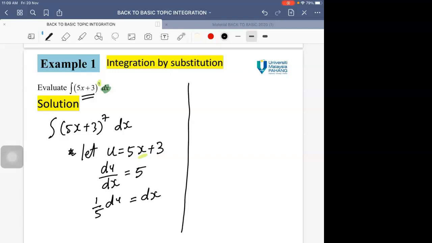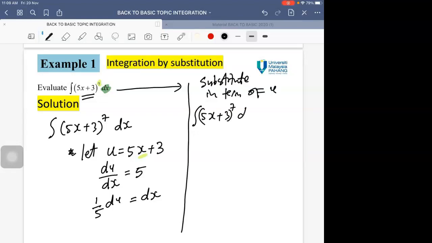So now we substitute in terms of u. Integrate (5x plus 3) power 7 dx. We already let this as u, so here we have u power 7.